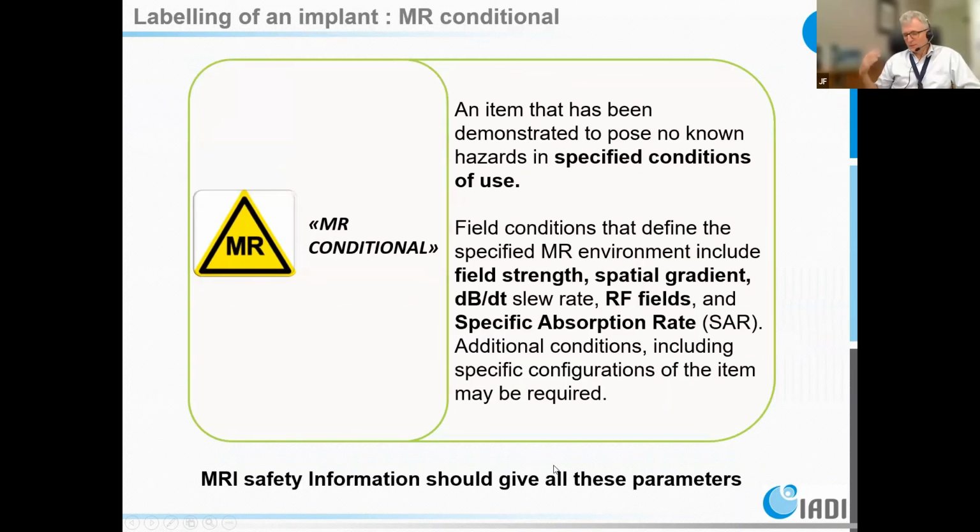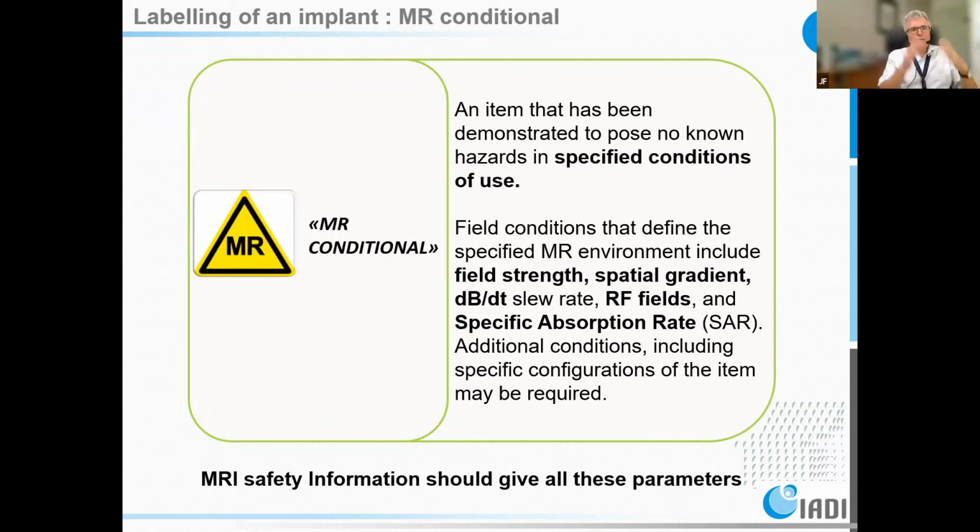MR conditional is often for permanent systems. So you have some pacemaker, whatever, but there you have MR conditional for some magnetic field, some gradient strength, some dB/dt for the slew rate, RF field, and SAR. For example, for a pacemaker, the system will say, okay, you can only use it at 1.5T, 3T.